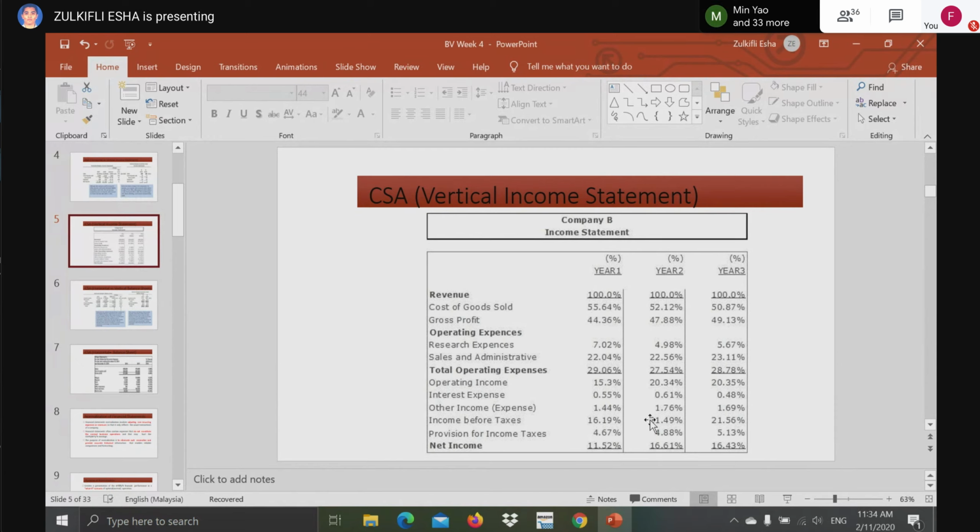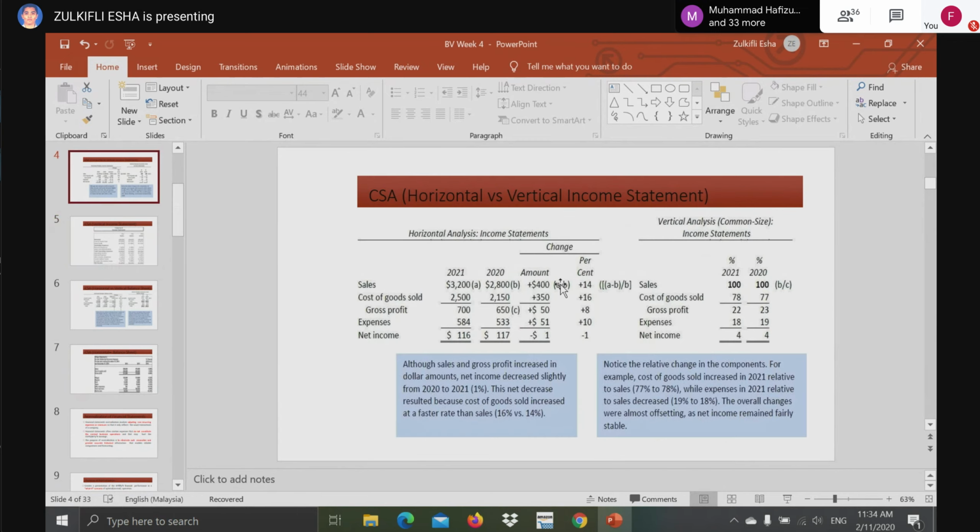So this is how we do the verticals. How do we get the percentage is from the previous slide, as shown in the slide.